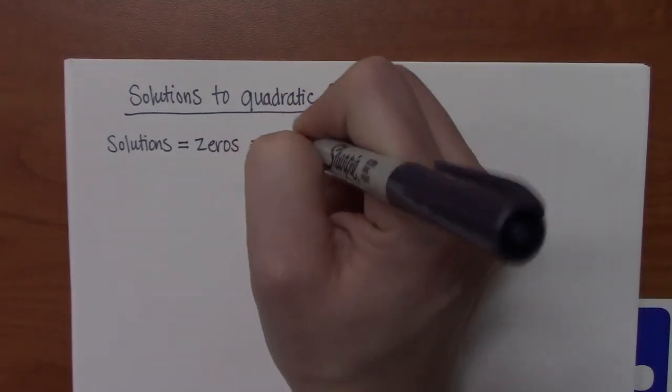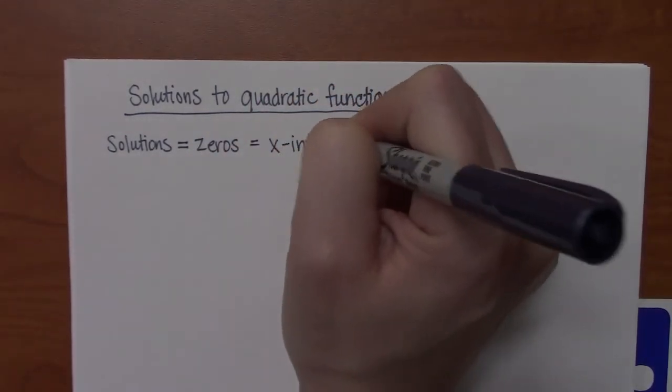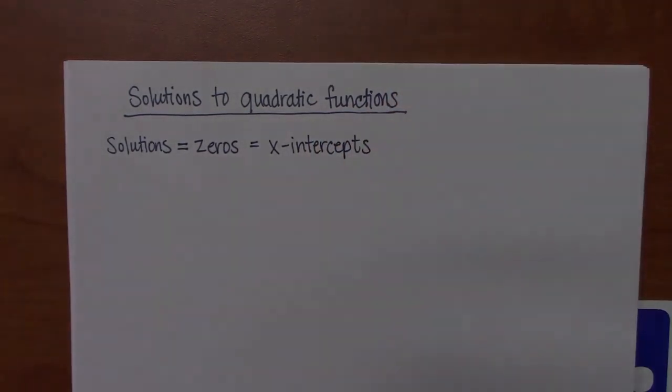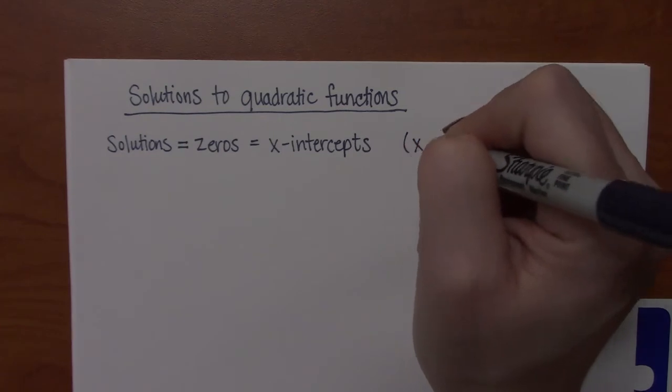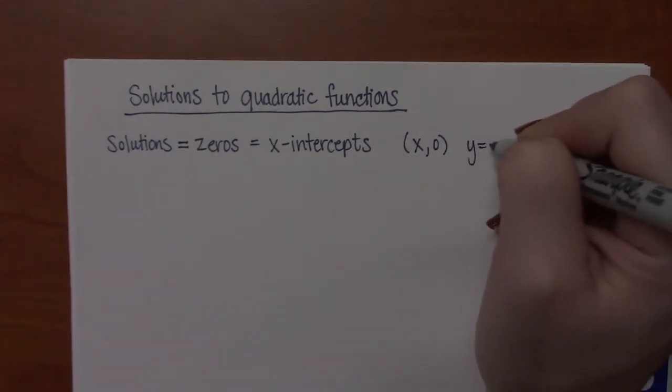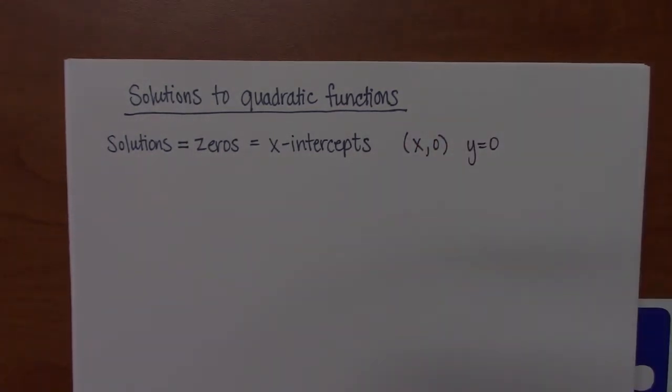That's the same thing as asking you to find the x-intercepts. All three things are telling you to find the locations of the points x comma 0. So it's telling you set y equal to 0 and solve for x. So there's multiple ways we can ask you to do this in an equation.